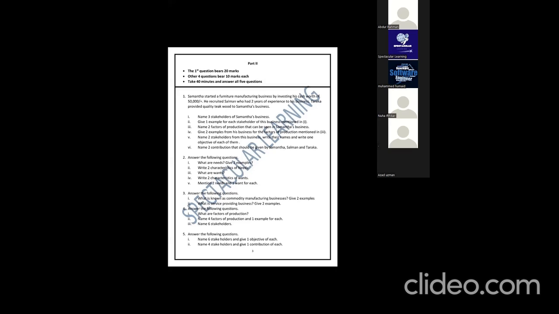Okay, then what are service providing businesses? Yeah, examples for service providing business. Beauty salons. Okay, then can I know the definition? Anyone knows the definition?